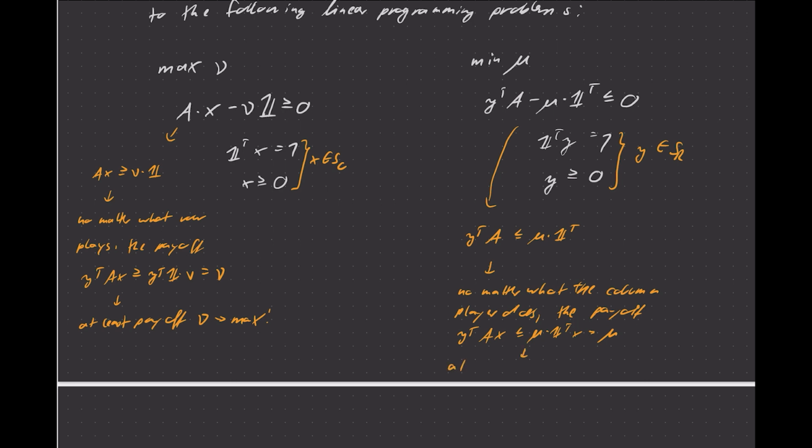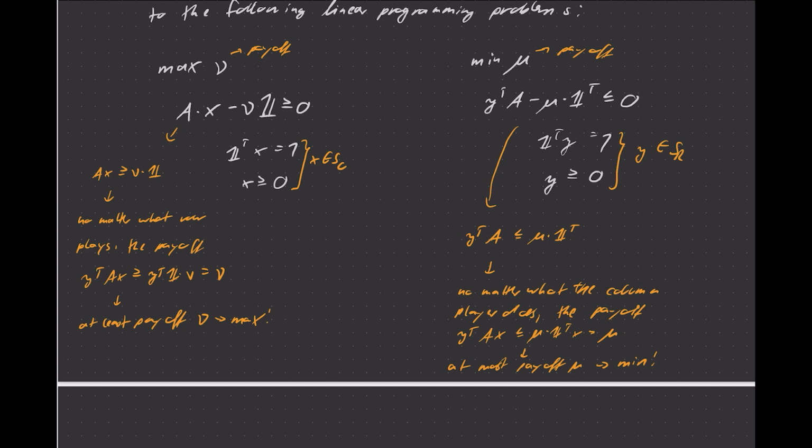So we get at most a payoff of mu, and of course the row player wants to minimize that payoff. So that's the objective function here. Okay, so that nu and mu would be the payoff of the respective player. And that's what these linear programs do.